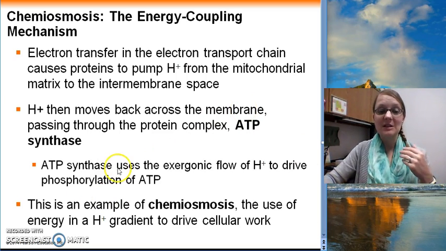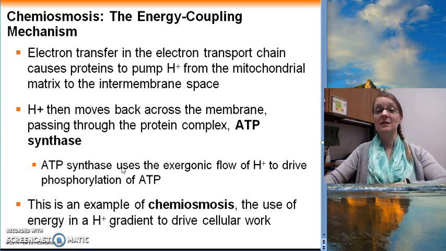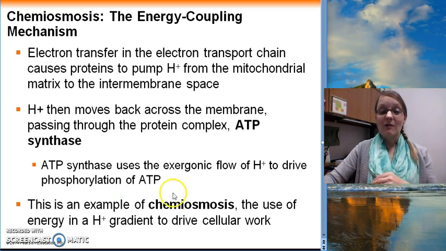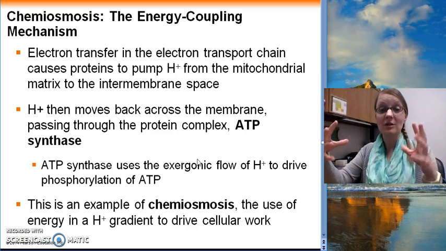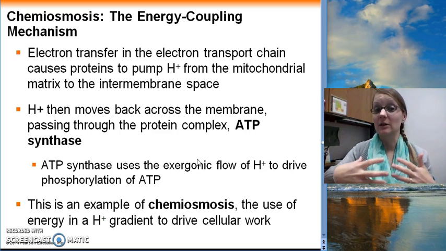Right? And this ATP synthase then uses that exergonic flow of the protons back into the matrix to drive phosphorylation of ATP. All right? This is an example of a process that we call chemiosmosis, or the use of the energy that's stored in that high hydrogen ion gradient to actually drive cellular work.